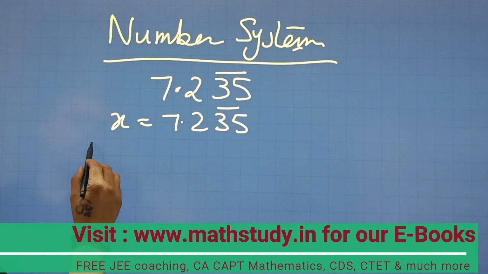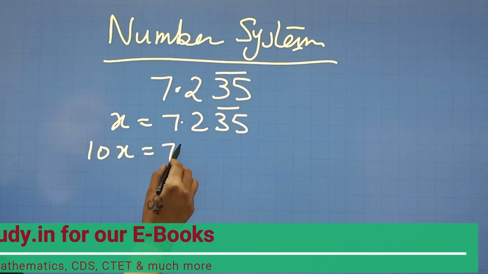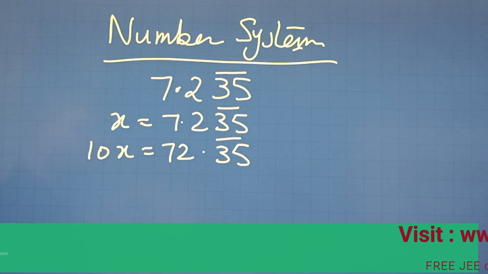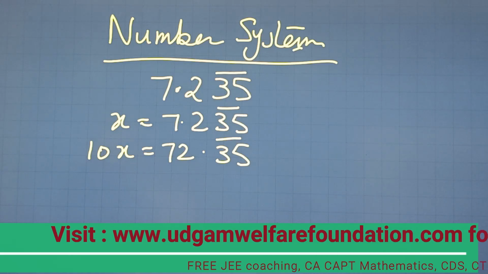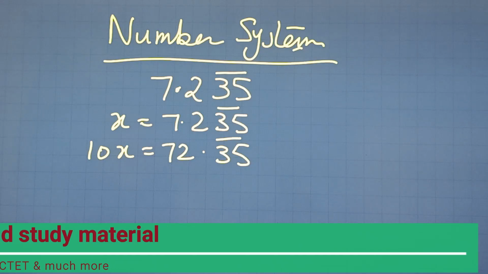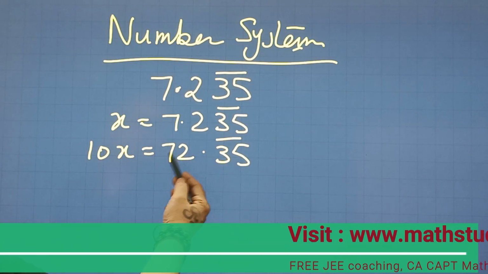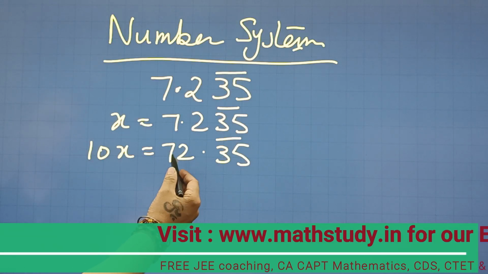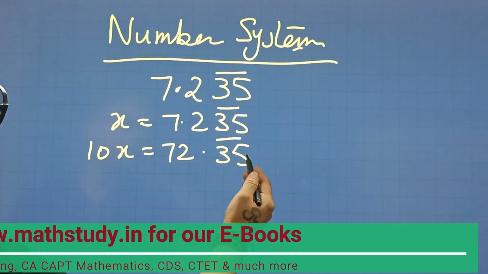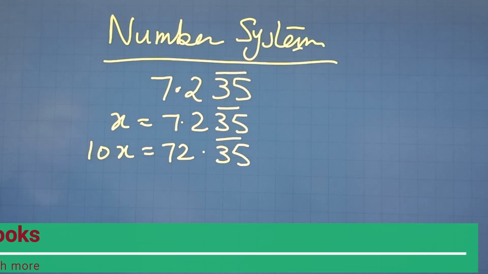So we have to multiply this equation by 10. So 10x equals 72.35 bar. Very simple. So I hope this concept till now is clear. What we have done is taken the 2 before the decimal, so that we get only those numbers which are repeating again and again after the decimal.